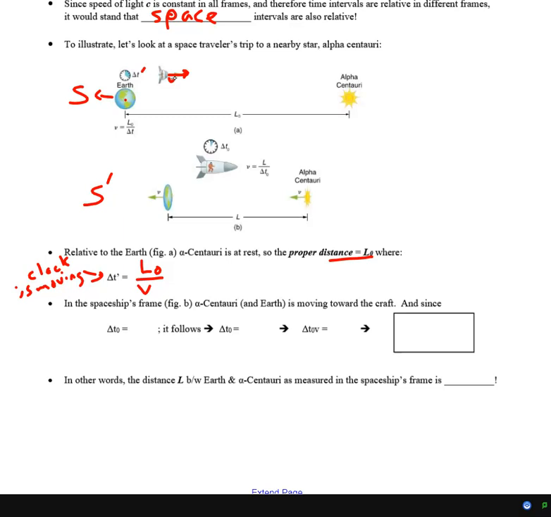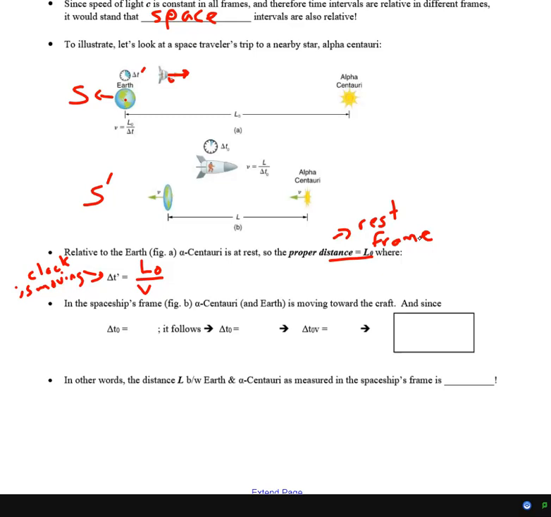I'll define it later in another note sheet, but proper distance is the distance as measured in the rest frame. Since we're in the rest frame, the destination Alpha Centauri is just sitting there, and we're not moving, so we're watching the spaceship move relative to that.